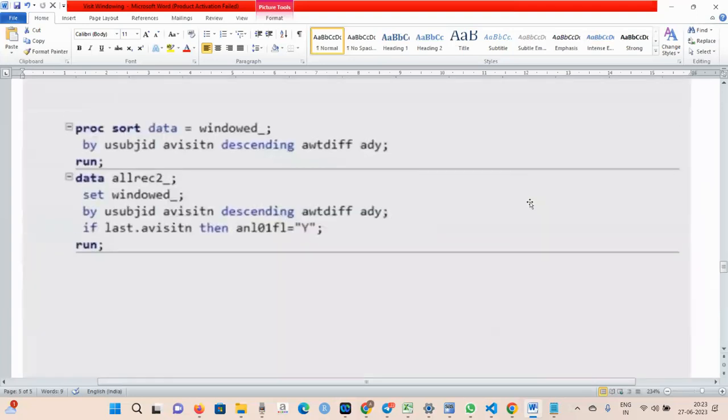For example, if it is the last AVISIT N, then analysis 01 flag equals Y, and this is very common for all the AVISIT, the numeric format of the analysis visit.